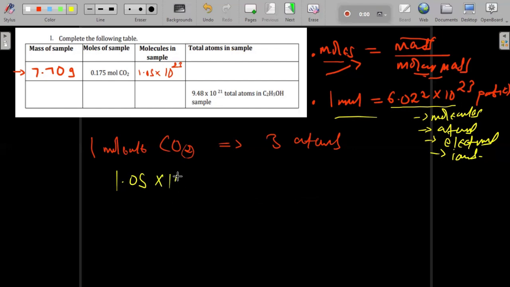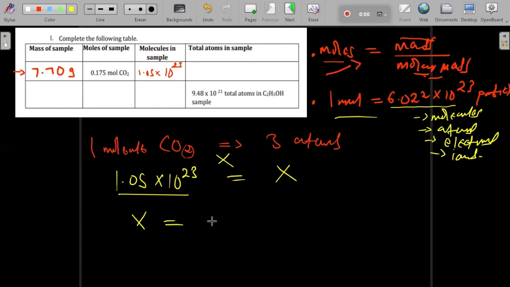Okay, so if in one molecule we have 3 atoms, what about in 1.05 multiplied by 10 to the power 23 molecules? Okay, how many atoms are we going to have? So you cross multiply, what you're going to get is x multiplied by this one is going to be x, which is equals to 3 multiplied by this number. Okay, so 3 multiplied by 1.05 times 10 to the power 23.